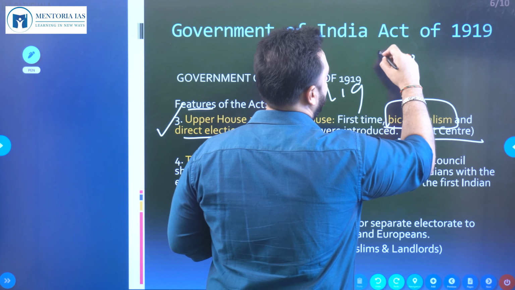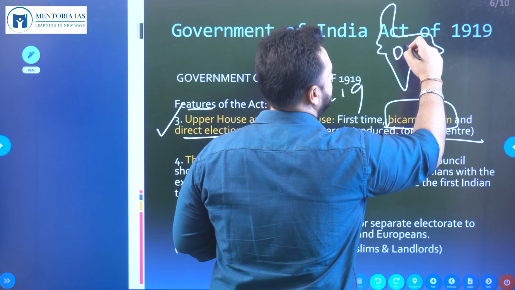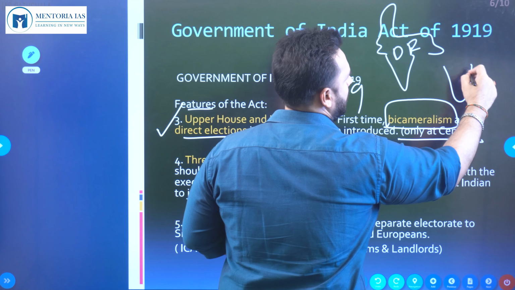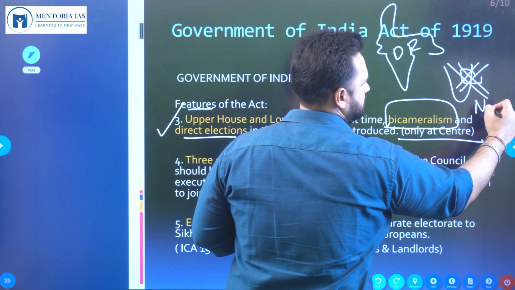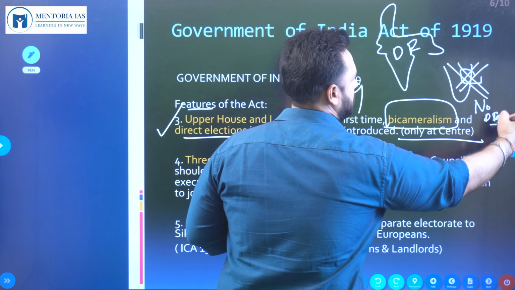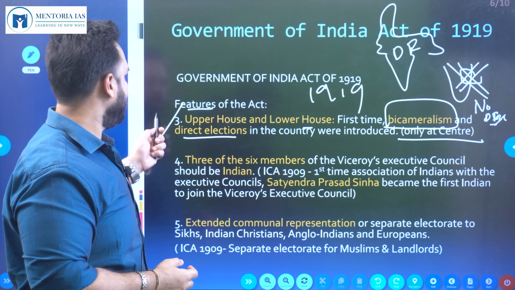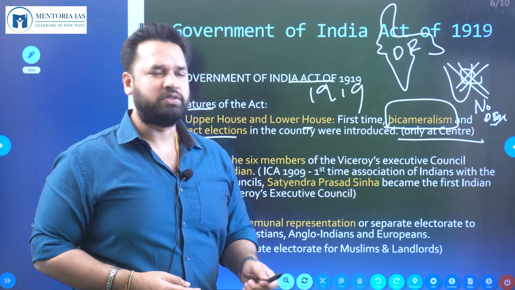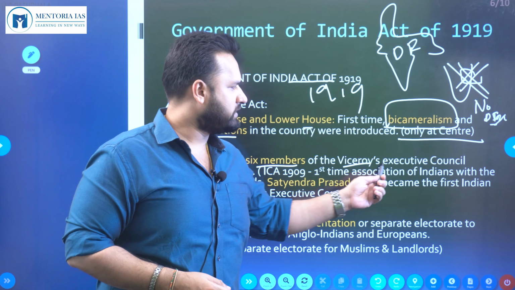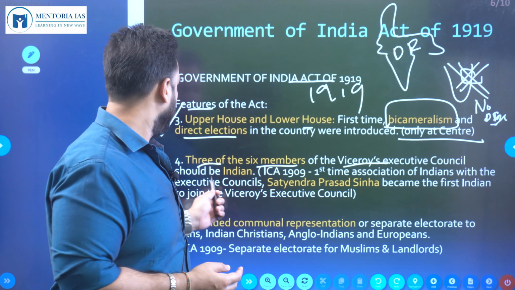For example, India had direct elections, and let's say provinces, no direct elections. This was introduced by the 1919 Act. Three out of the 6 members of the Viceroy's Executive Council will be Indians.